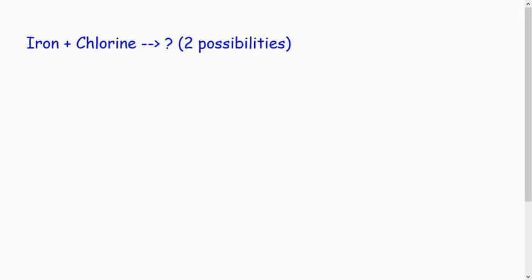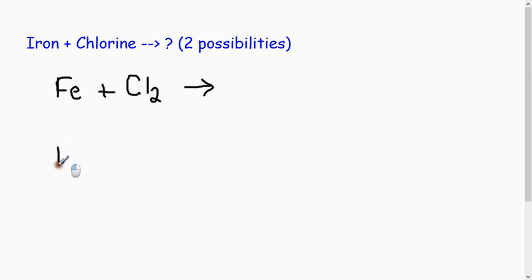The last example we're going to do is iron plus chlorine. And there are 2 possibilities for this because iron can form multiple charges. So we're going to go through both of the possibilities. Iron is Fe, which is not a diatomic, and chlorine, Cl, is a diatomic, so it gets a subscript of 2.